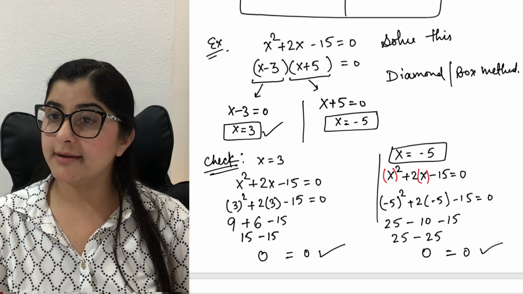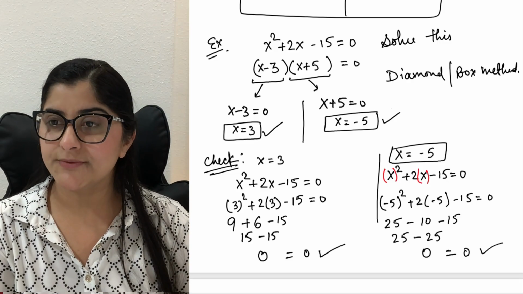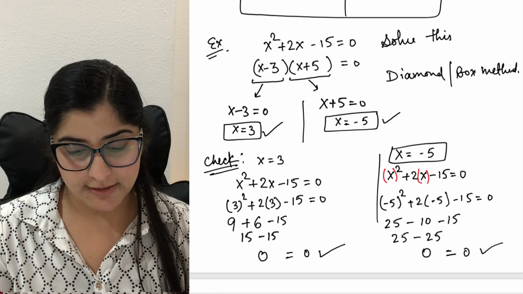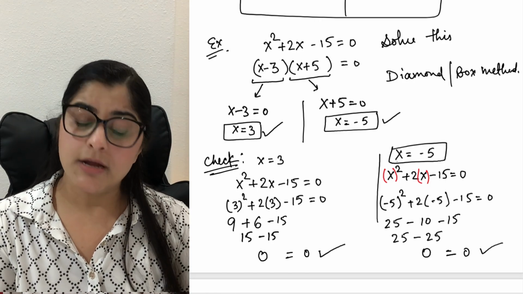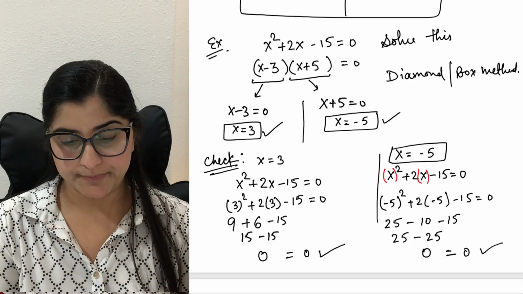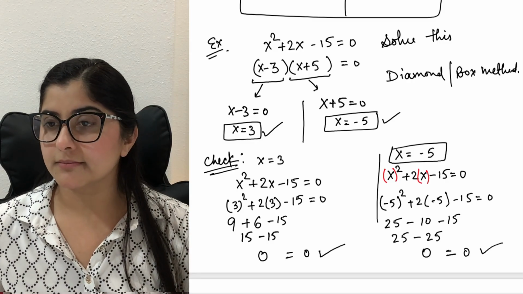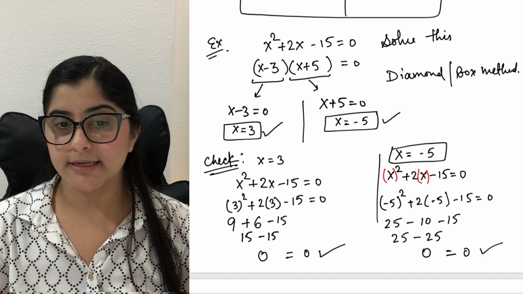So we get left hand side equal to right hand side. That means x is equal to -5 also satisfies the given equation. So this is the correct solution as well. We get two solutions which make our given equation true. So this is how we use the zero factor property to solve a quadratic equation.